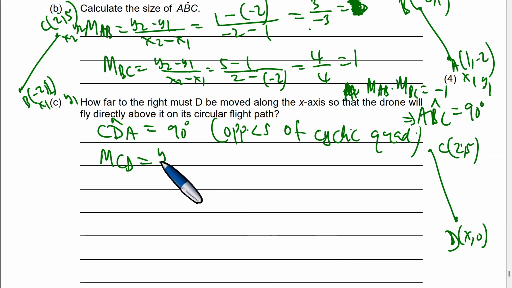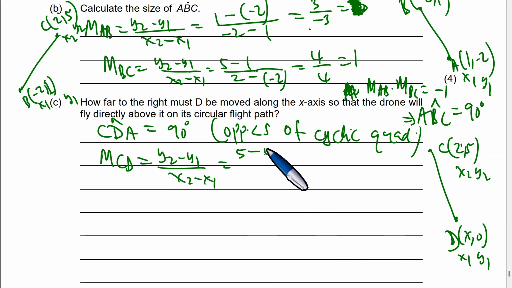The gradient is y2 minus y1 over x2 minus x1. y2 is 5 minus y1, 0. x2 is 2 minus x1, x. So you get this. What is the gradient of AD?